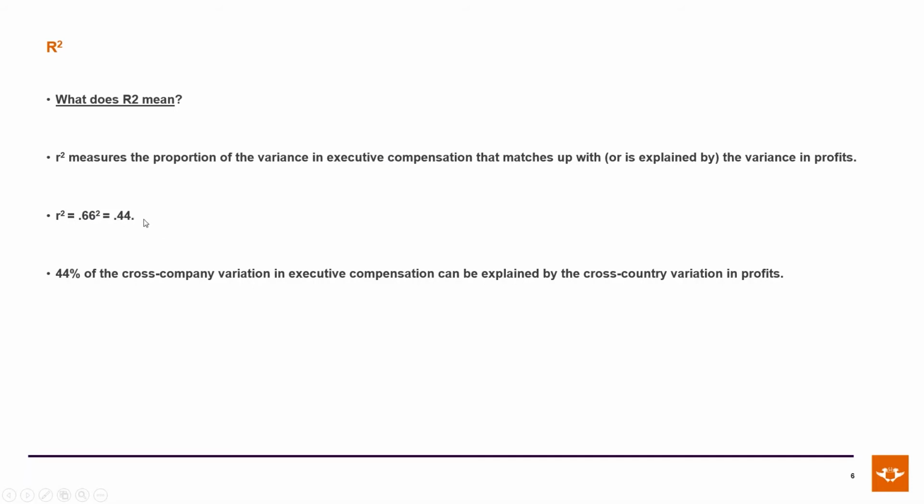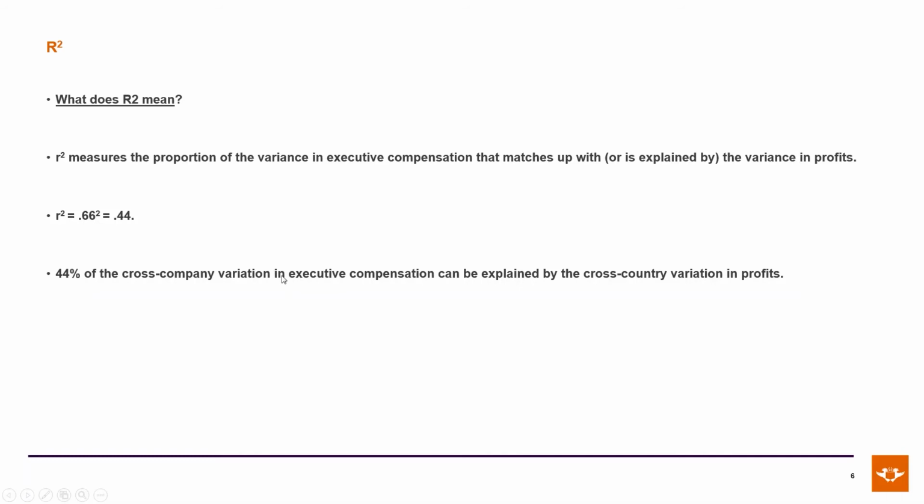So 44% of the variance is explained. So this shows that a fairly large part of executive compensation gets explained by profits, but it's most definitely not everything. Okay, so there's 56% of a variance in executive compensation that's explained by something totally different, whatever that may be.